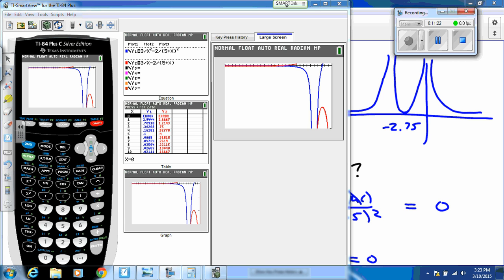Okay, so here's what I wanted to show you. We have a graph of the potential in red. That's our y2, 3 over x minus 2 over 5 plus x. And I've left out the k and the micro just to scale things.